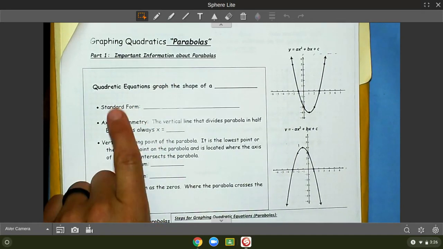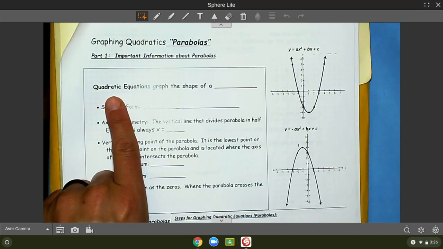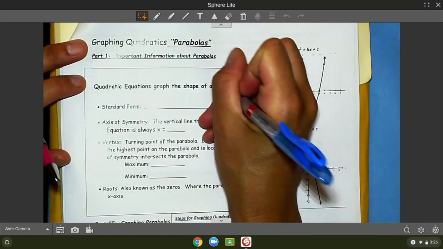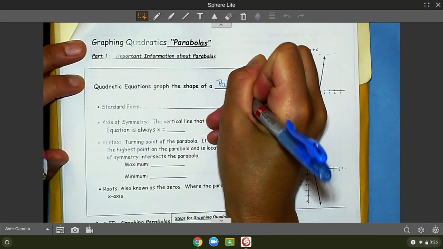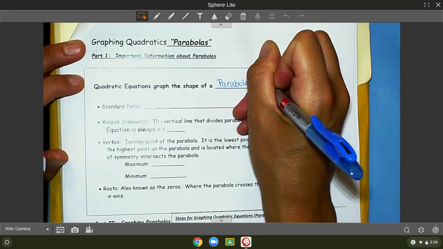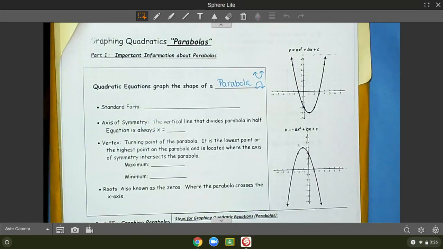Now, parabolas are the shape of a U, and it's formed by a quadratic equation. So quadratic equations graph in the shape of a parabola, which looks like a U, or sometimes it will be an upside down U. Now, the way you know that you have a quadratic equation is because of its equation and its powers.